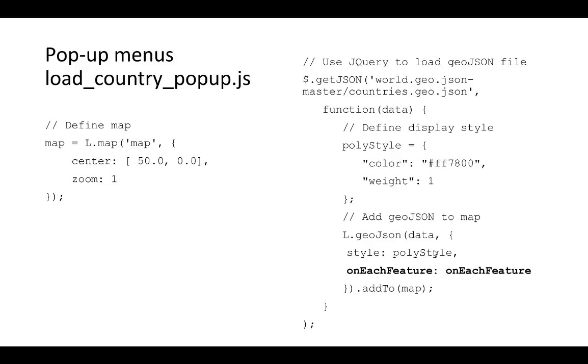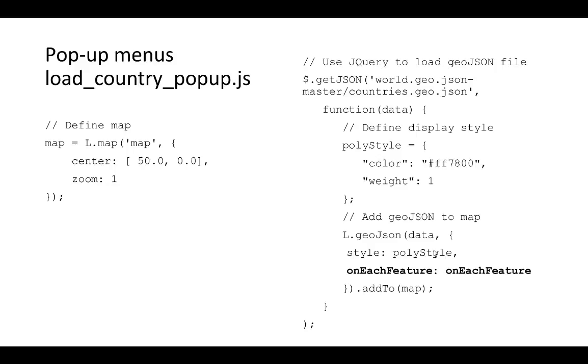In the GeoJSON method in Leaflet, one of the options that we can pass is called onEachFeature. onEachFeature runs for each feature, so say we've got 50 GeoJSON objects in our file, 50 countries, okay?